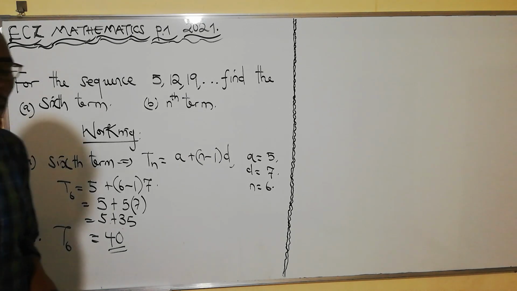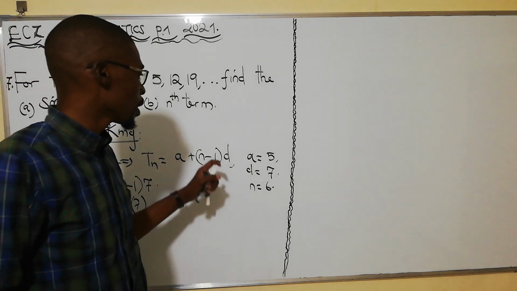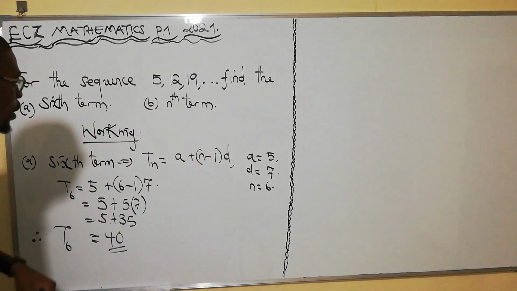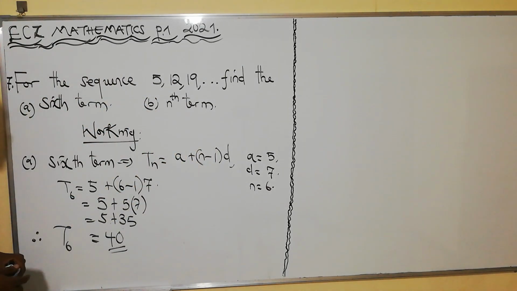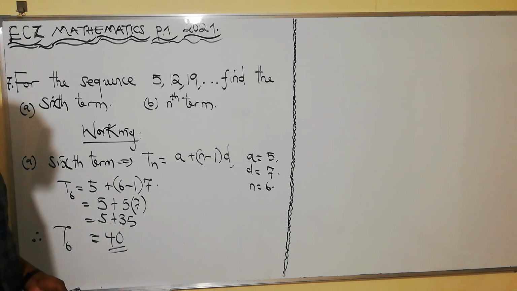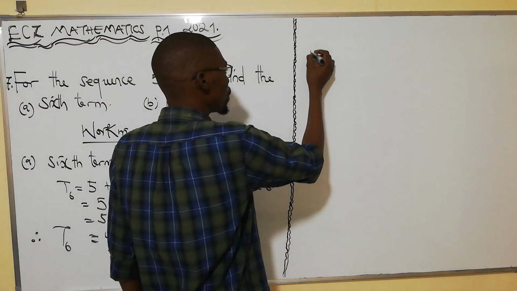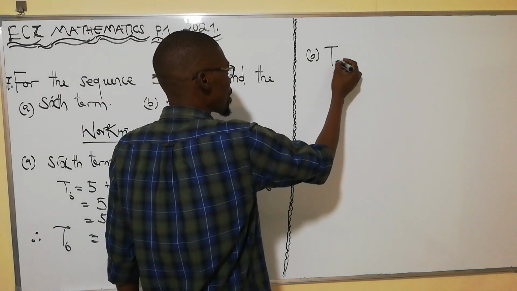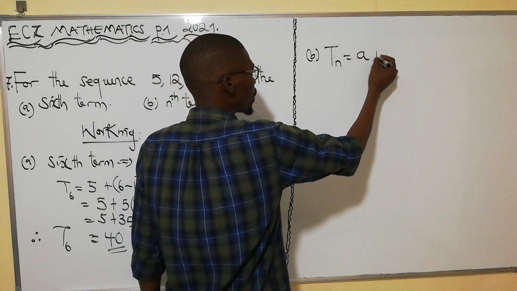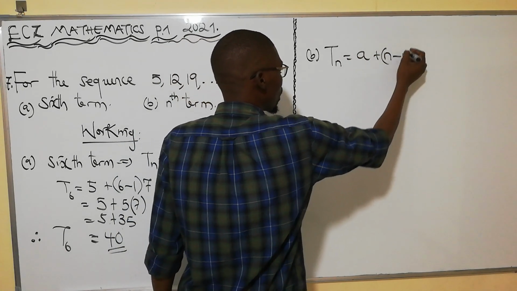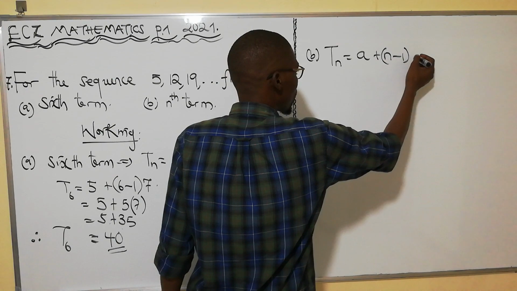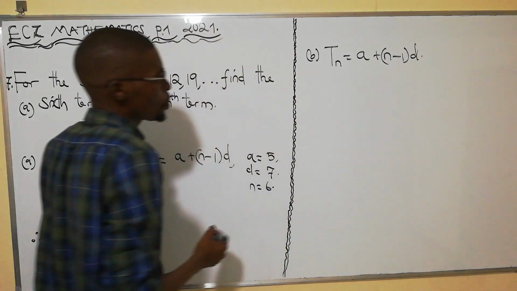Alright, an interesting part of this question 7 is the second part. That's where most of the students usually make quite a number of mistakes. So we know very well that the nth term is given by the first term plus n minus 1 times the common difference d.